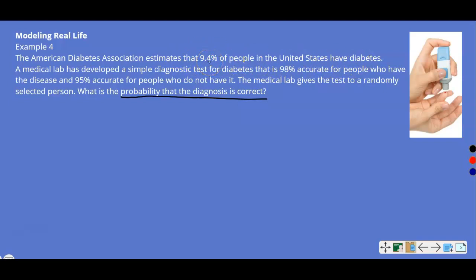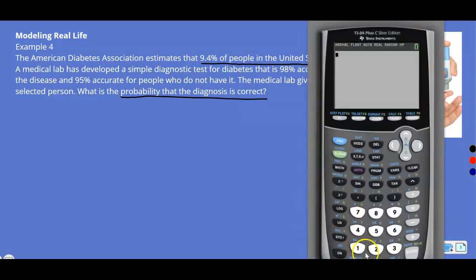If 9.4% have diabetes, that means the rest do not. We're always thinking about 100%. So out of 100%, if we subtract 9.4%, the rest do not have diabetes.